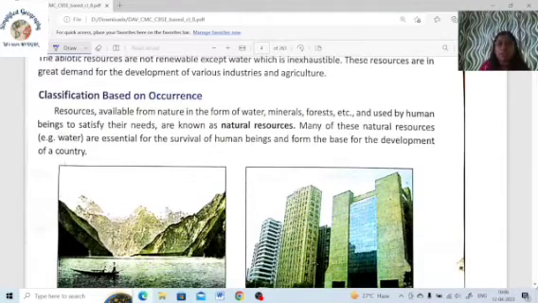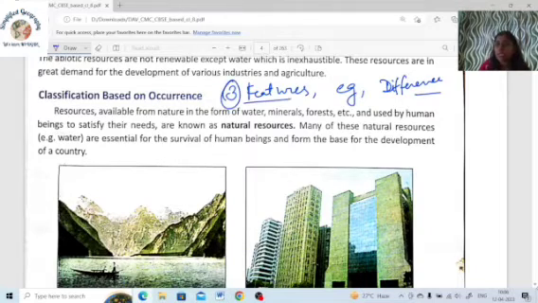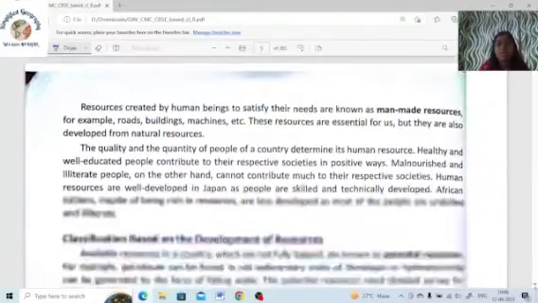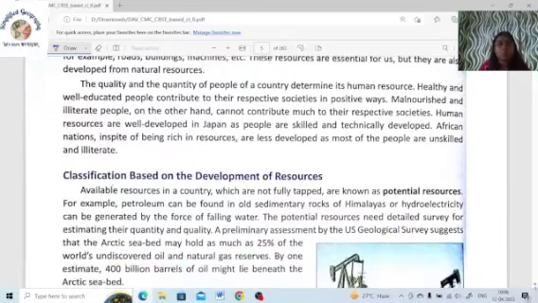We generally ask the features of the resource, examples, and differences between one another. So these three types of questions come from these paragraphs. So go through it. I hope there won't be any doubt.